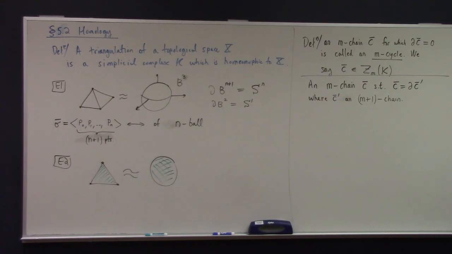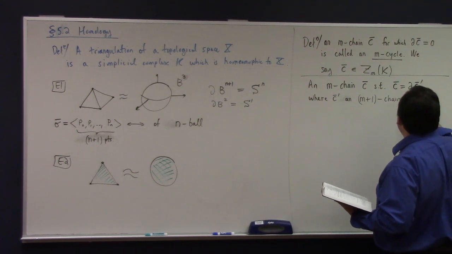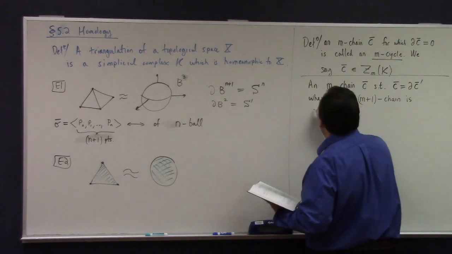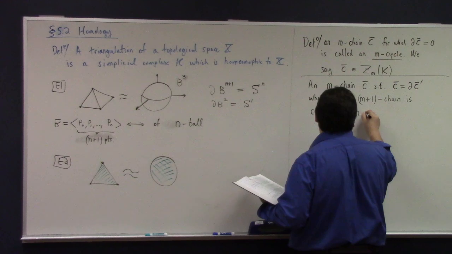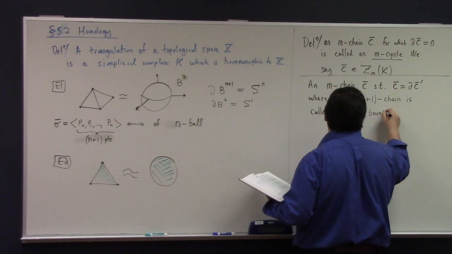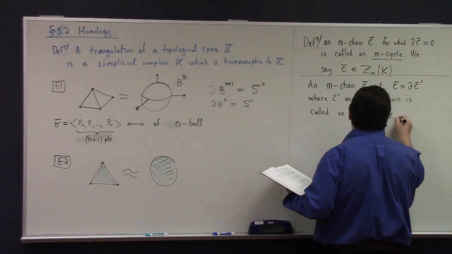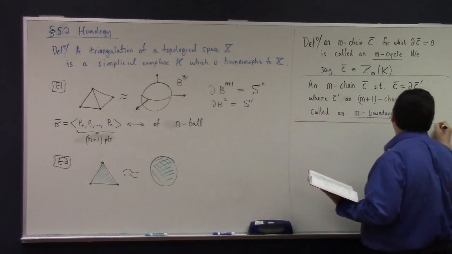All right, so two M-cycles whose difference is an M-boundary. Oh, an M-chain, I neglected to tell you what this is called. An M-boundary. So you've got boundaries and you've got cycles.